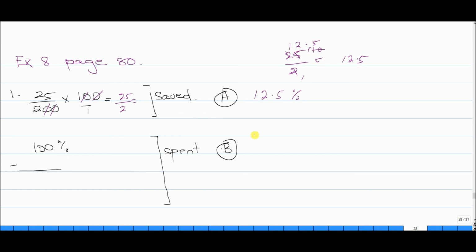She would spend some and she would save some. So all we need to do is find the difference. So that will be 100, and we'll take 12.5 from the 100.